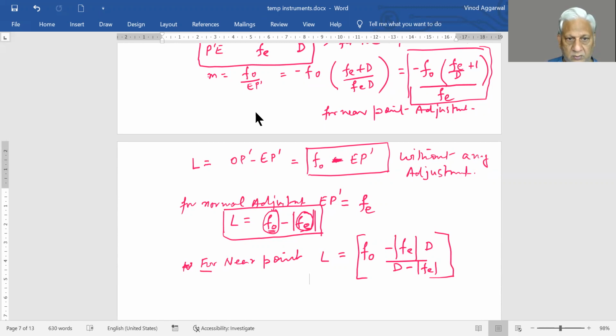This is for near point adjustment. Mind it here, sign convention has to be used.